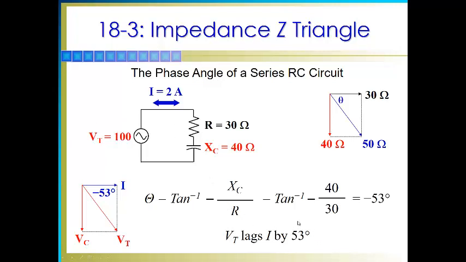The voltage lagging the current by 90 degrees is true only when you have purely capacitive circuits. Now we have a resistor here that is influencing the total outcome. So these two are 90 degrees out of phase. The current is the same around the circuit. So this one right here, compared to the current, is 53 degrees out of phase.